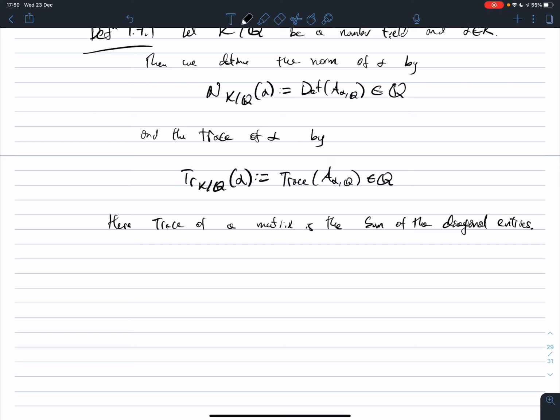You write your matrix and you just go down the diagonal and add up the entries. And this is what the trace of a matrix is.